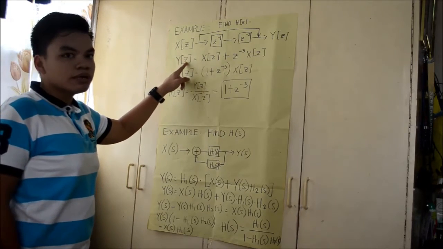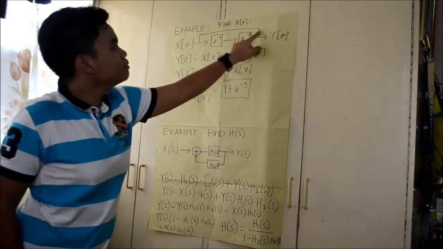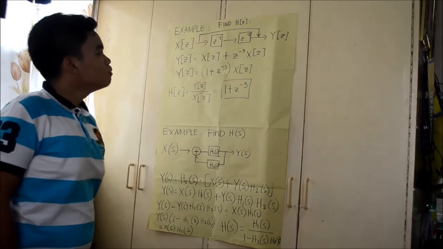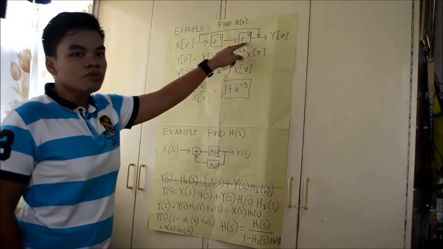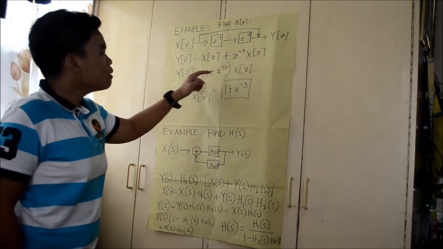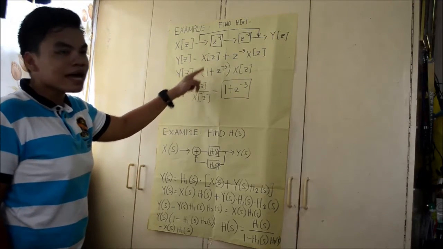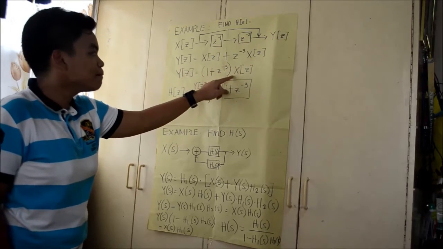Y(z) is equal to X(z) plus z to the negative 1 times z to the negative 2, which is z to the negative 3 X(z). Then we will simplify that equation as 1 plus z to the negative 3 X(z).